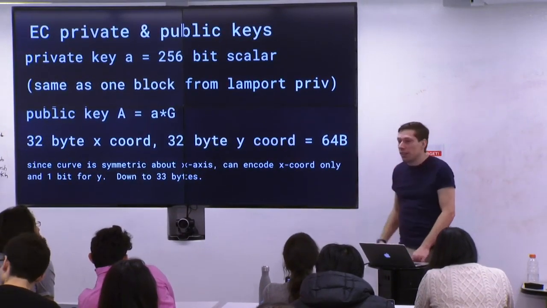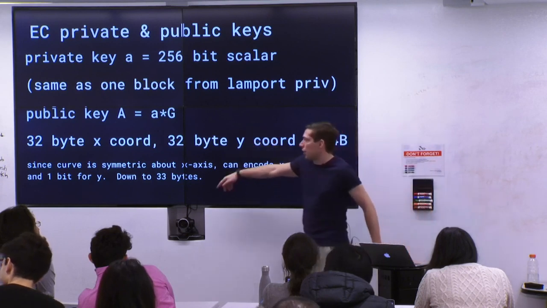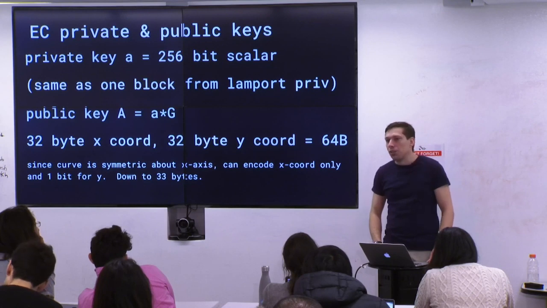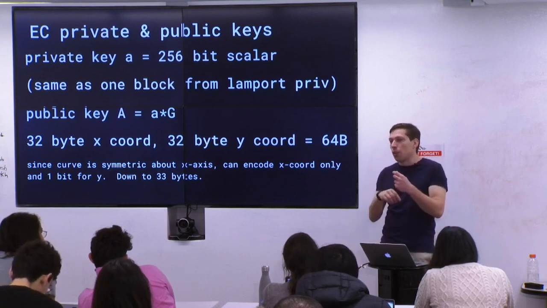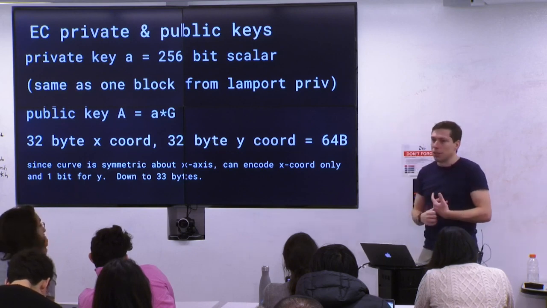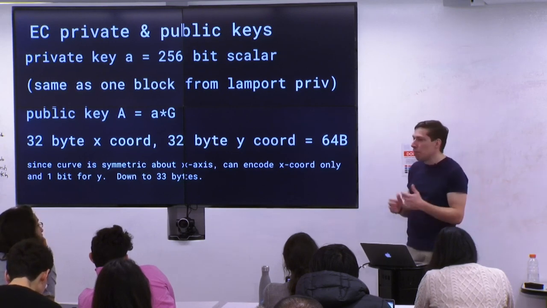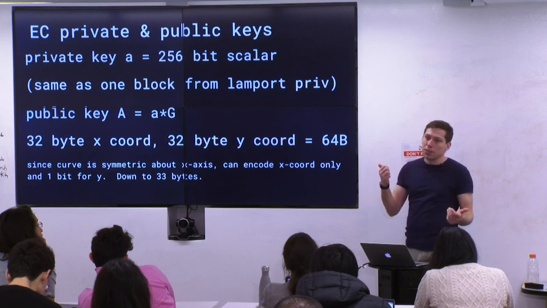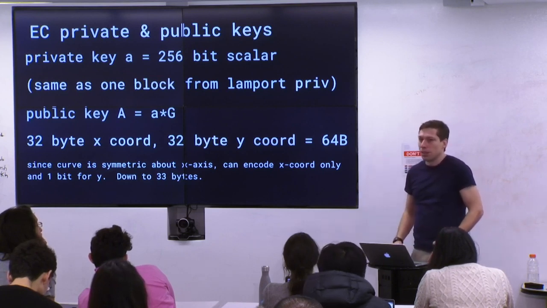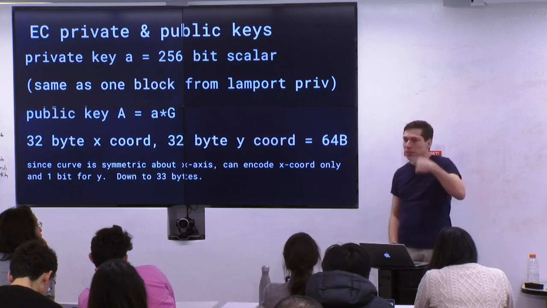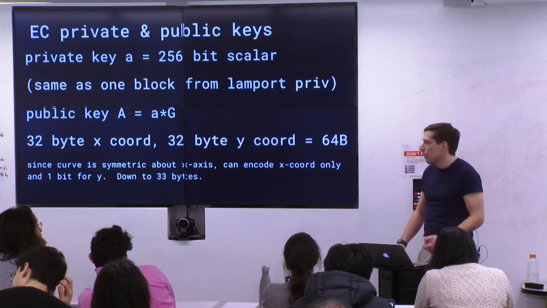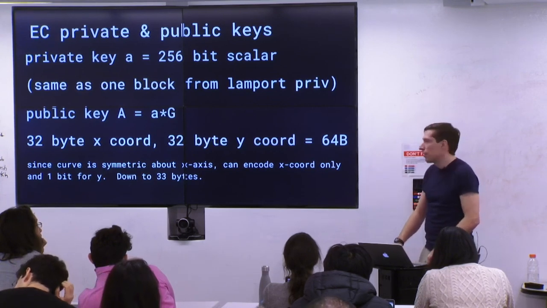You could have that as a rule of your system, and then you can get rid of the Y bit. But the thing is, the Y coordinate does affect some of the things you'll later use, like signatures. So you can just say, okay, implicitly the Y bit is positive, and you lose 1 bit of security because there is a difference between the positive and negative thing if you're doing signing. But yeah, some systems do that and it makes things easier. There's some signing systems that do that.